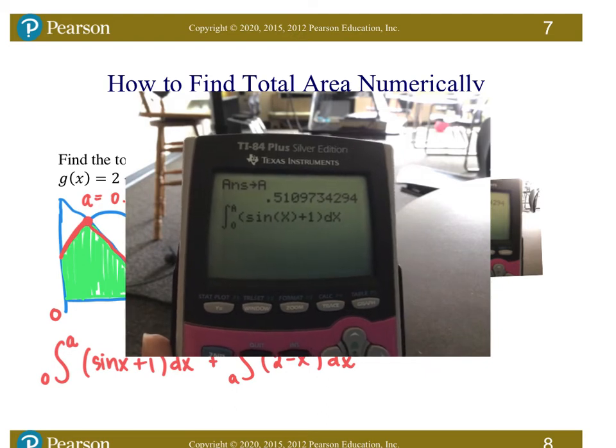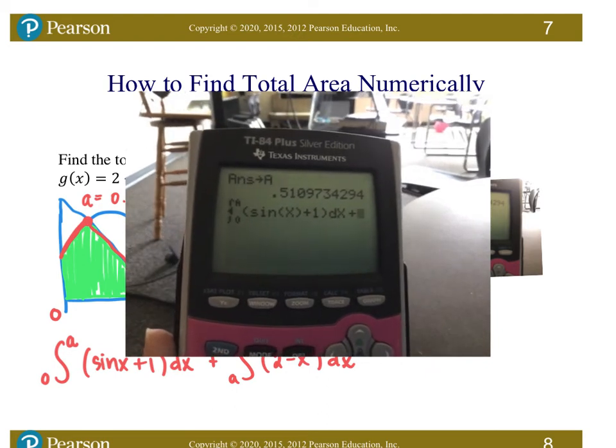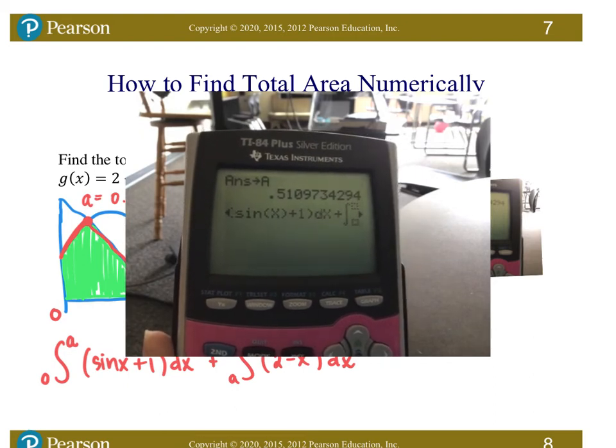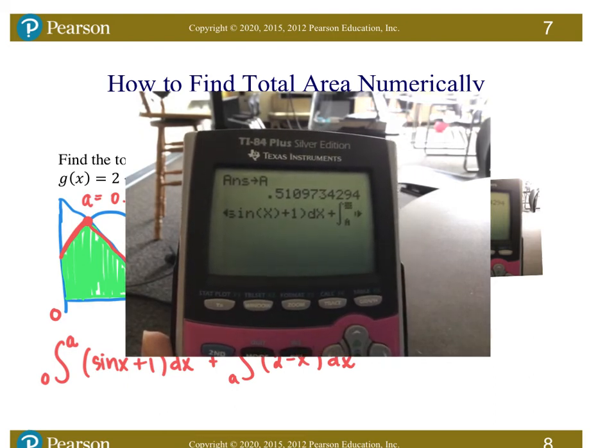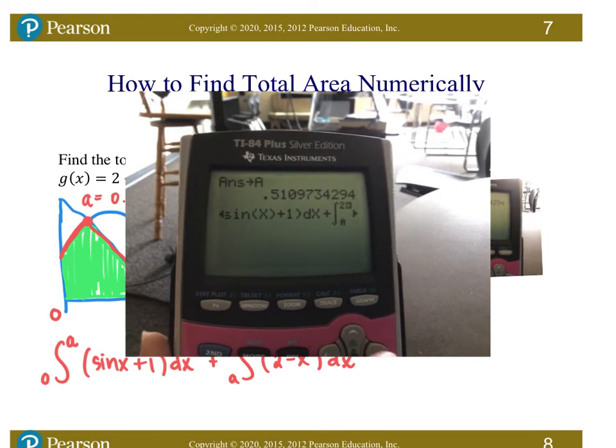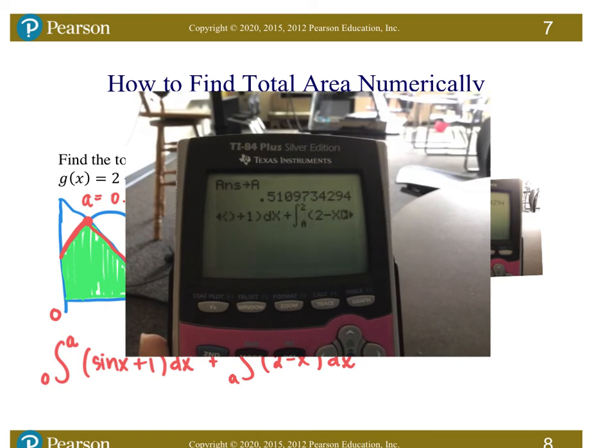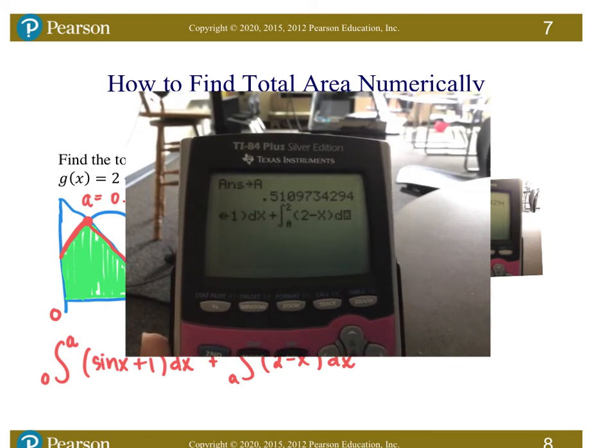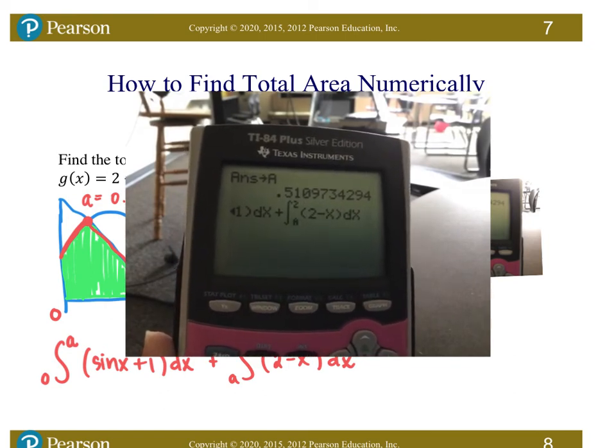Then I'm not going to hit enter. I'm going to do plus, and a second math 9. This time I'm going to start at alpha A, and then finish at 2, and I'm going to put the function 2 minus x in. So your calculator can do both of them at the same time.